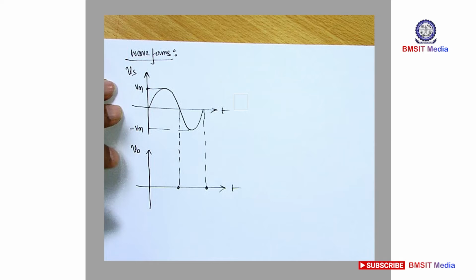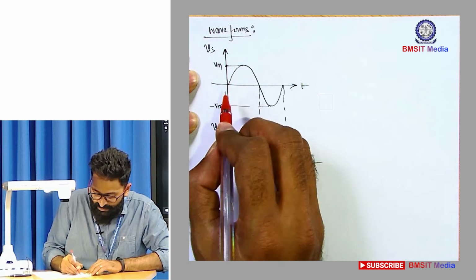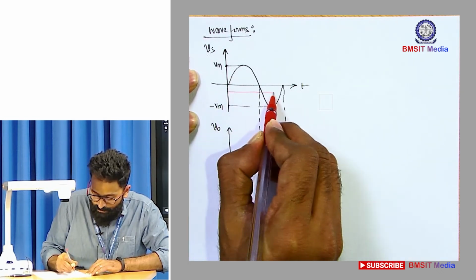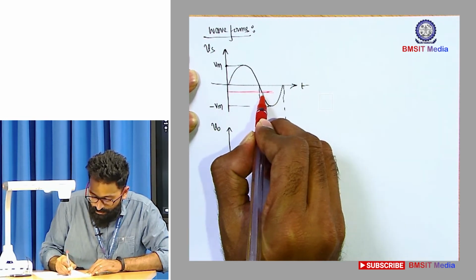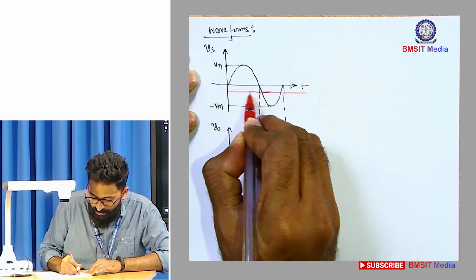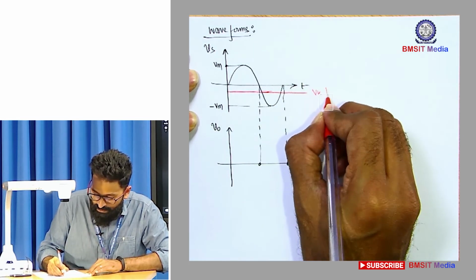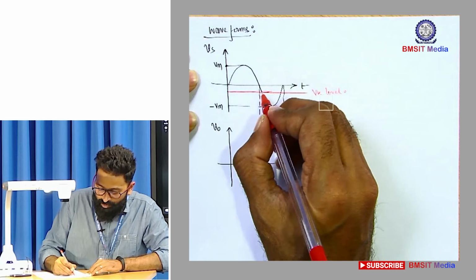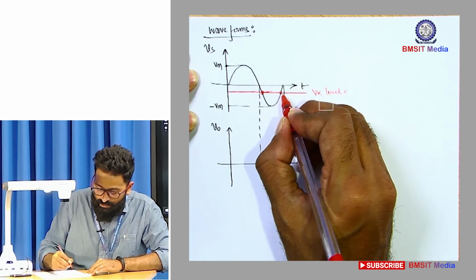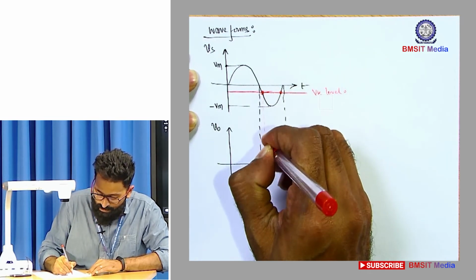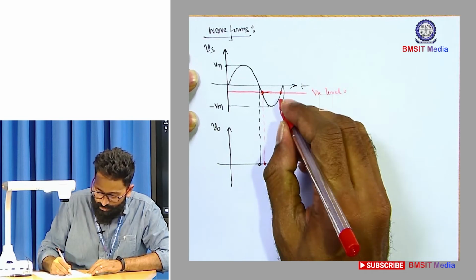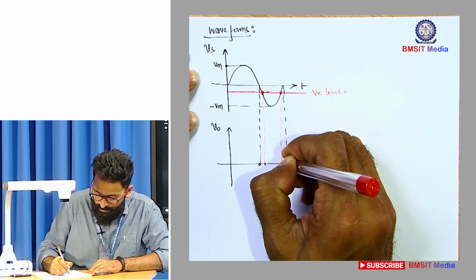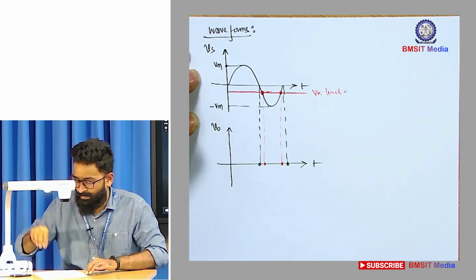The threshold voltage was influencing the negative half cycle of the input, hence draw Vk below the reference axis. So this is your Vk level. Obviously this Vk will create two transition points with the negative half cycle of the input. So draw these transition points.